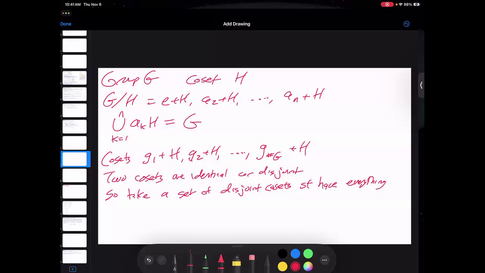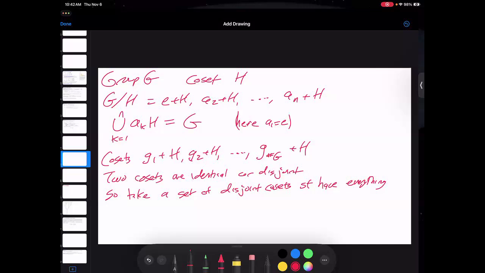And that's where we get the union, k goes from 1 to N, of a_k H. So if I give you a group, I can easily form the set of cosets by some subgroup H. And if I look at all the cosets, I clearly get all of G, because I just range over all elements of G: g1 plus H, g2 plus H, all the way up to g of cardinality of G over H.